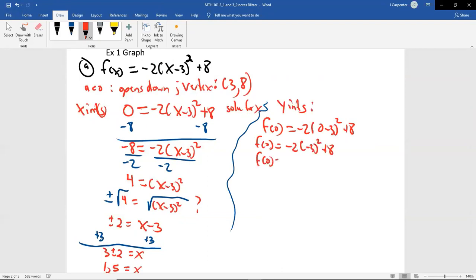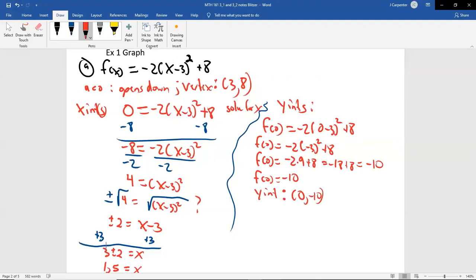Got to do your exponent first. -3 squared is +9. So that's -2 times 9 plus 8, which is -18 plus 8, which is -10. So f of 0 is equal to -10. So our y-intercept is 0, -10.